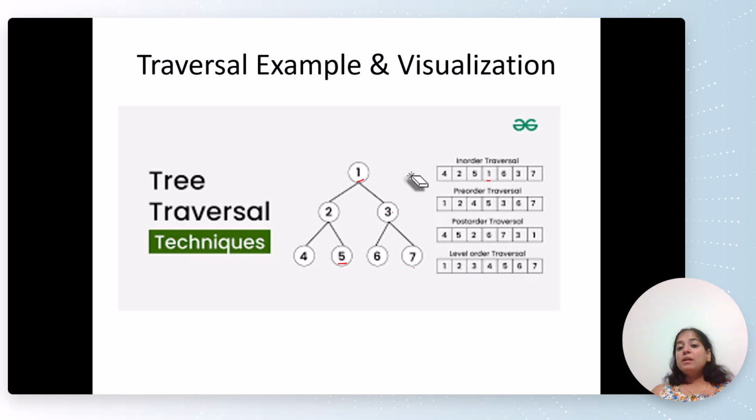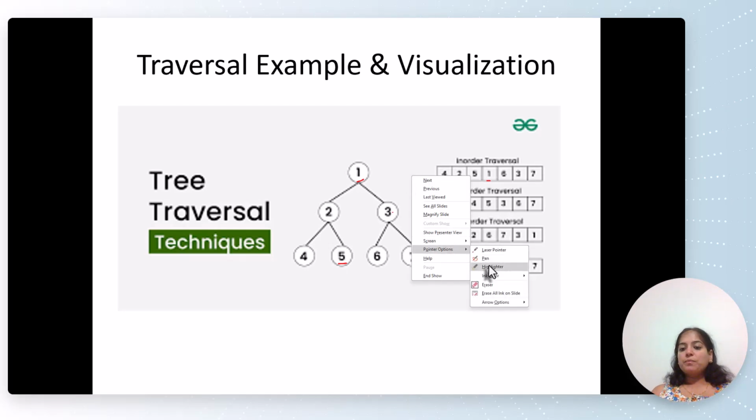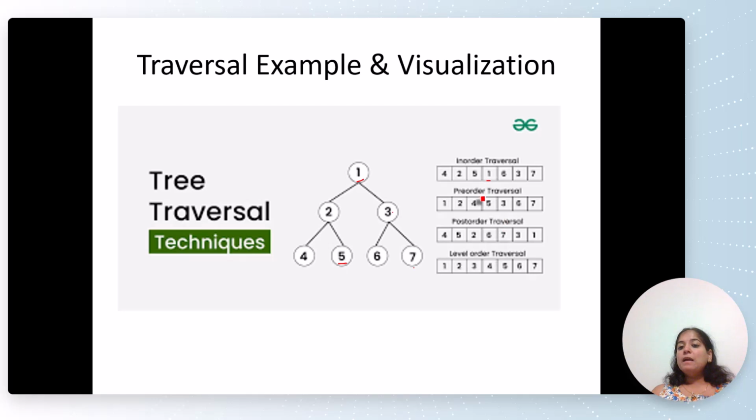In the same way, for pre-order, it is root, left, right, or parent, left, right. So the parent is 1, so 1 will go first, then the left node, which is 2.